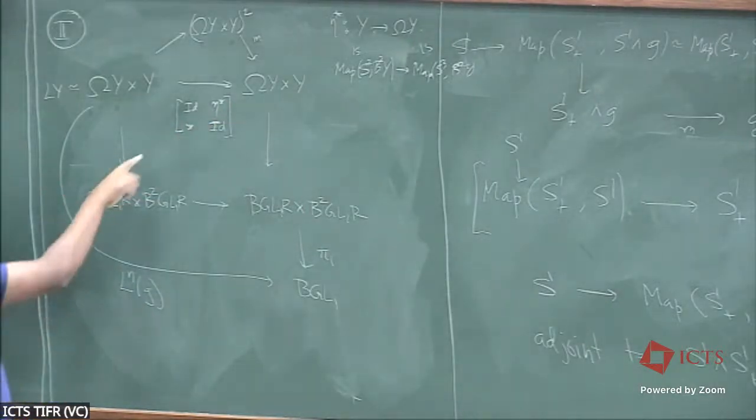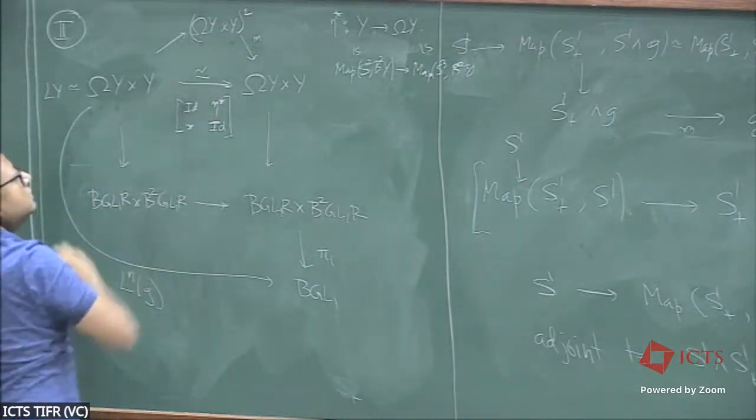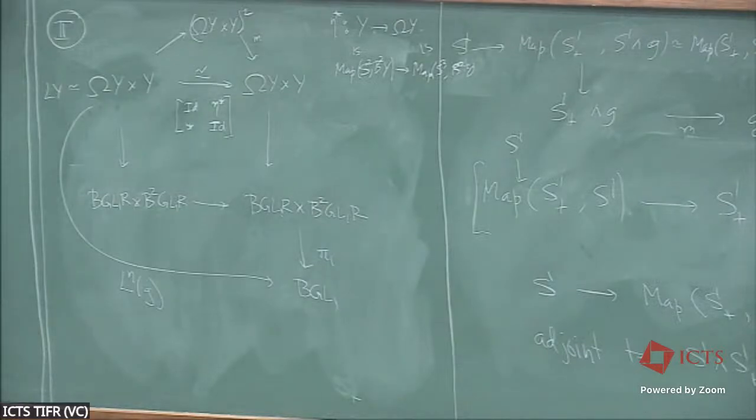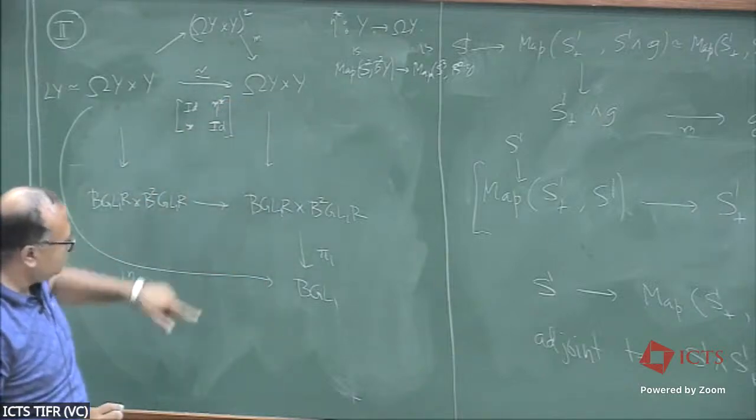Not only that, the way we have defined this map, you can easily calculate on homotopy groups to see that this is a weak equivalence. So that means that L eta of G is equivalent to this particular map.